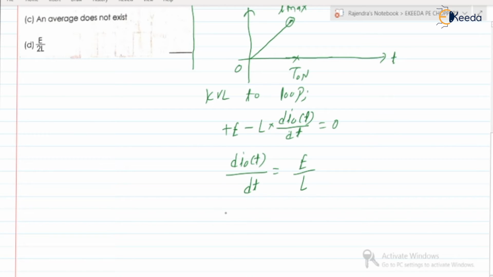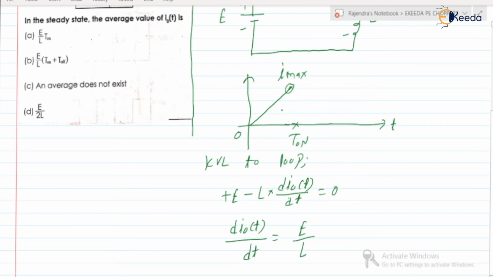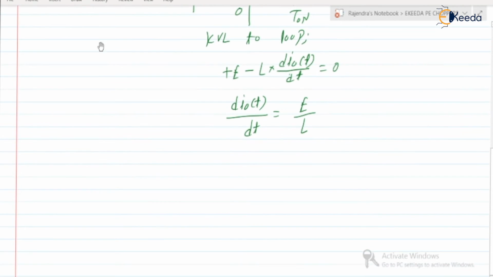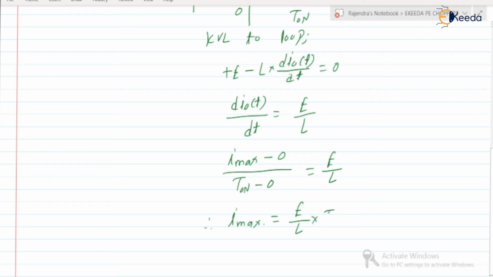Therefore we can write, what is the change in the current during this cycle? I max minus 0, so it is I max, divided by dt, which is 0 to t on, so t on minus 0, is equal to E by L. Therefore I max is equal to E by L into t on.